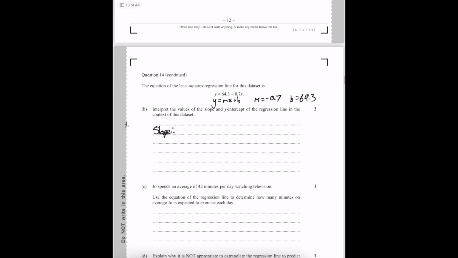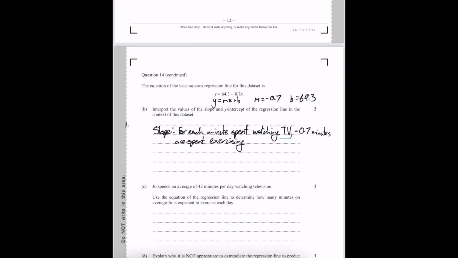So what we could say is, for each minute spent watching TV, minus 0.7 minutes are spent exercising.